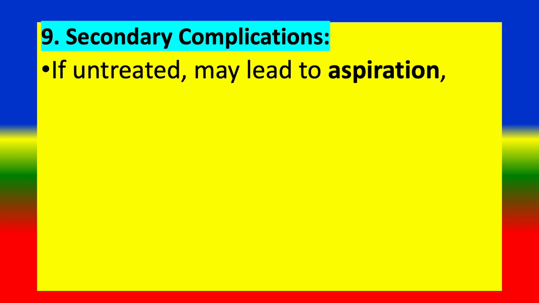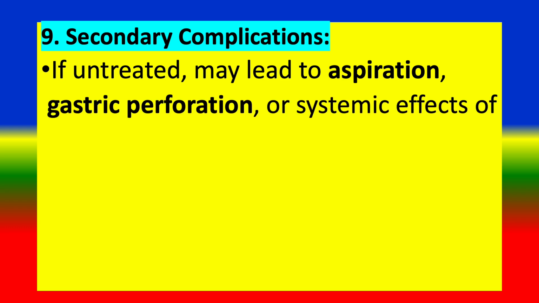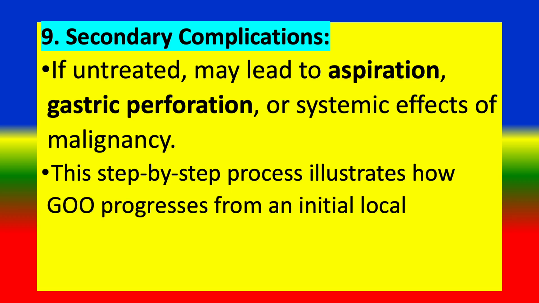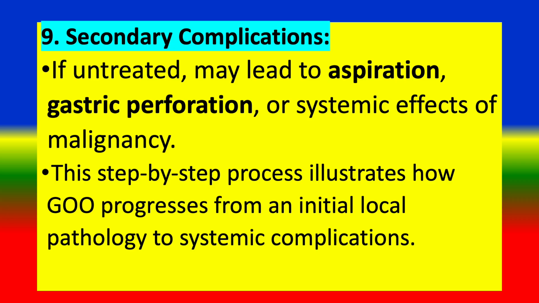Secondary complications, if untreated, may lead to aspiration, gastric perforation, or systemic effects of malignancy. This step-by-step process illustrates how GOO progresses from an initial local pathology to systemic complications.